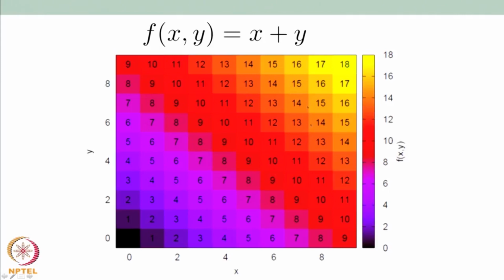So now you see a nice image with a color pattern emerging here. And this color pattern has a simple equation, f of x, y is equal to x plus y. So this equation represents this image with this color pattern. You can think of removing all these numbers and just showing this color pattern alone. And that would mean that you have a nice image with some color pattern.